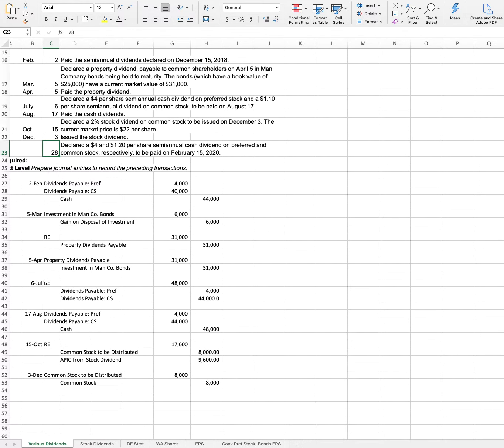So we can copy down our July accounts because they're going to be the same, just we have to recalculate the numbers, but the retained earnings and the dividends payable still apply.